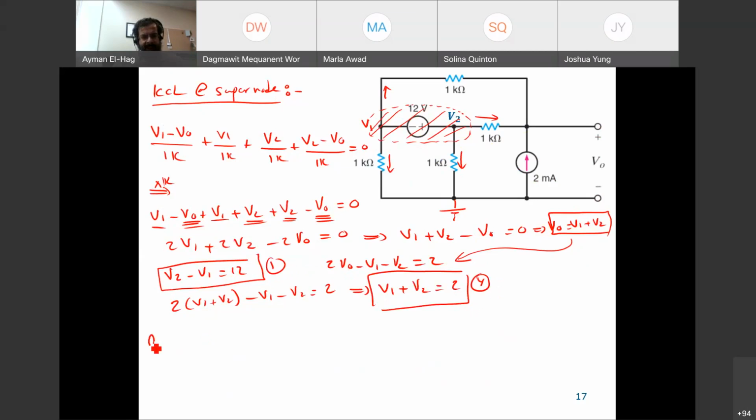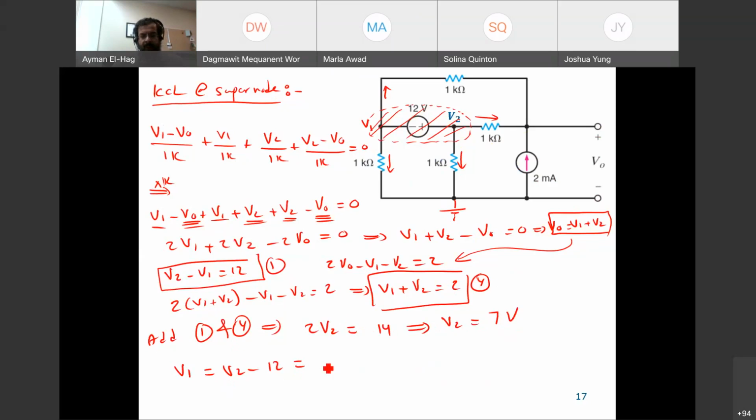So add 1 and 4. So we have 2V2 minus V1 plus V1. We'll get rid of V1, and this is equal to 12 plus 2, which is 14. So from this, your V2 is equal to 7 volts. Your V1, from equation 1, is equal to V2 minus 12.